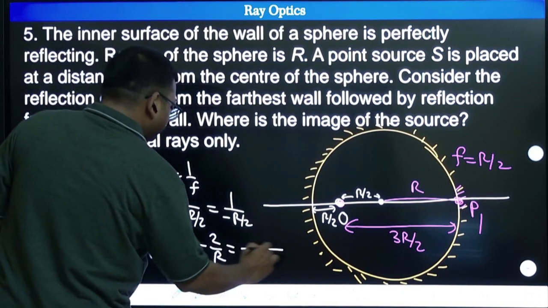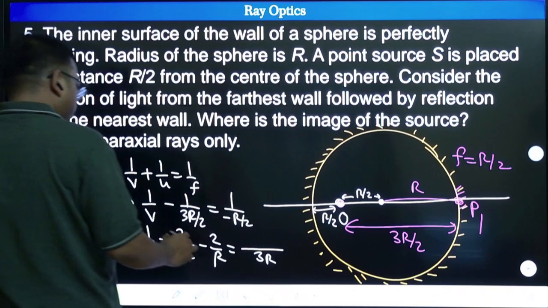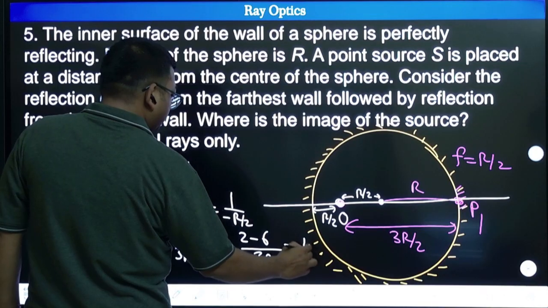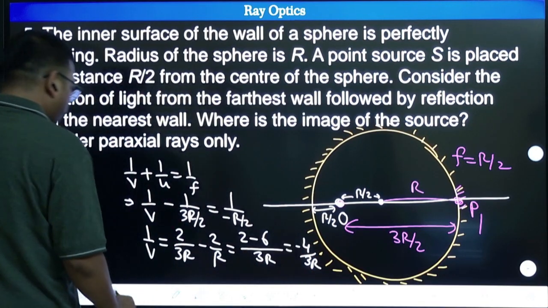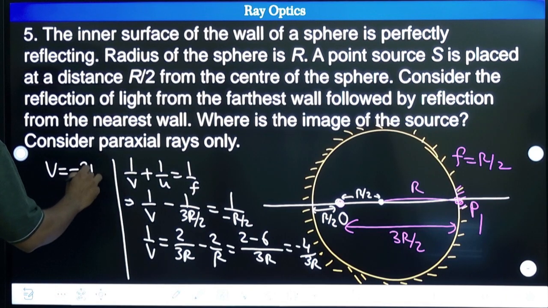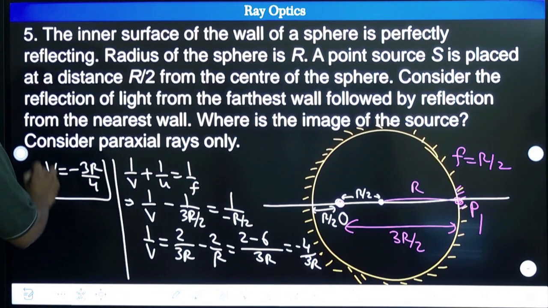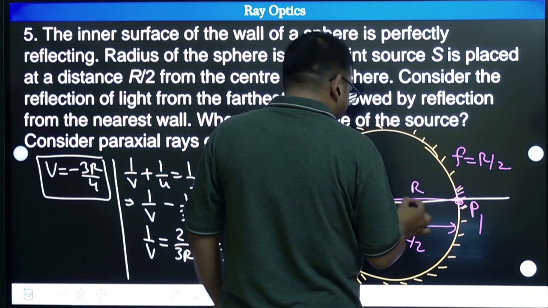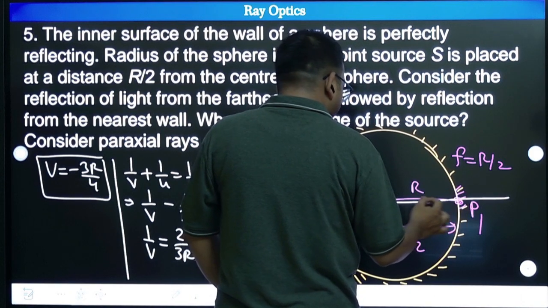Take LCM 3r. So 2 minus 3 into 2, 6, so minus 4 by 3r. So V is coming as minus 3r by 4. Minus 3r by 4 means, this is r now, so minus means somewhere here.